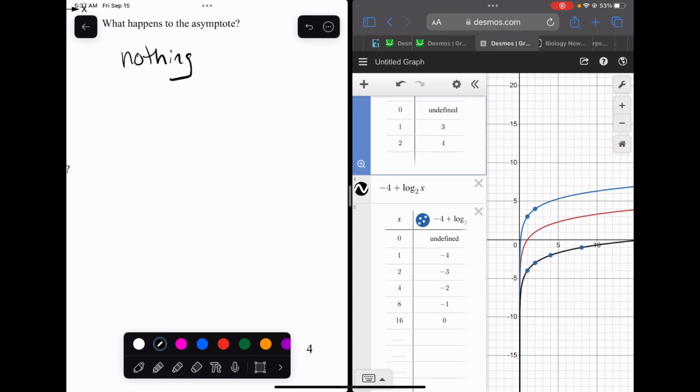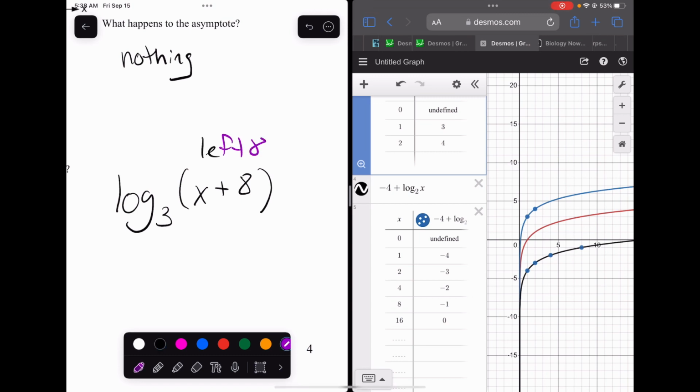If we have a log base something, let's just say, I'll make up an actual problem here. Let's say log base 3, and we're going to add 8. If we think back to what we learned on the inside, if we add 8, that means we are going to shift left 8.